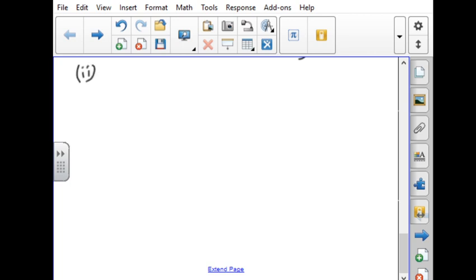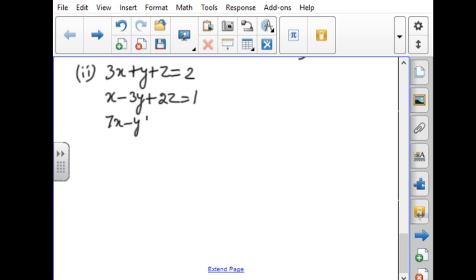Second subdivision in the first problem, that is 3x plus y plus z is equal to 2, x minus 3y plus 2z is equal to 1, 7x minus y plus 4z is equal to 5.